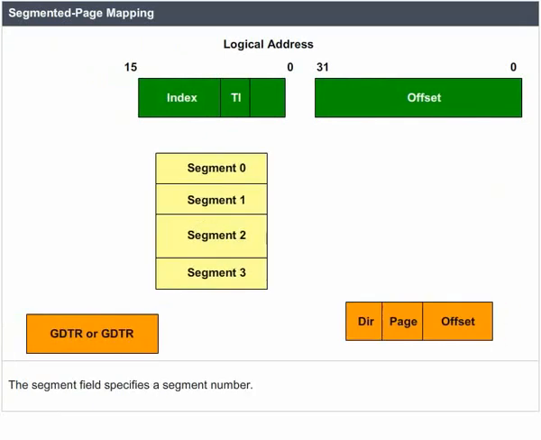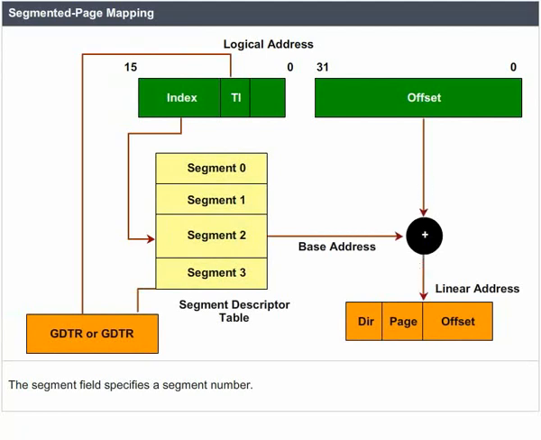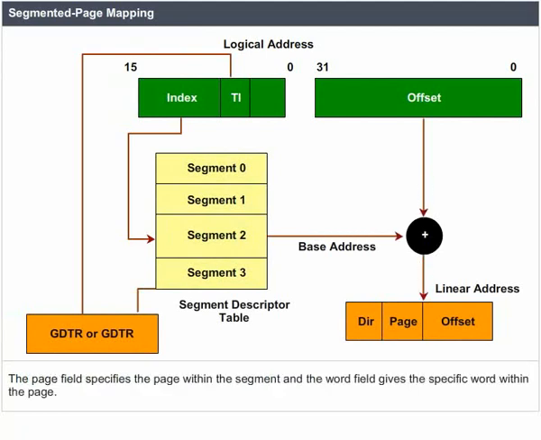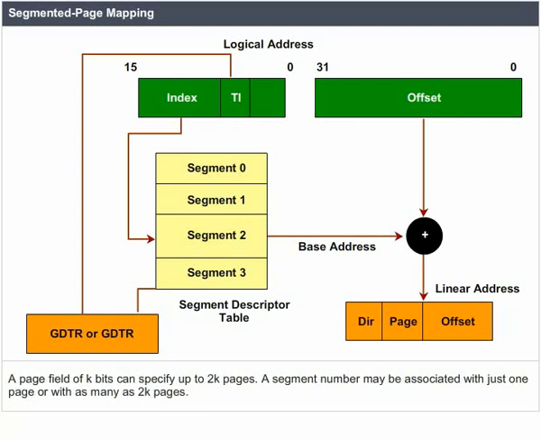The segment field specifies a segment number. The page field specifies the page within the segment, and the word field gives the specific word within the page. A page field of k bits can specify up to 2^k pages. A segment number may be associated with just one page or with as many as 2^k pages.